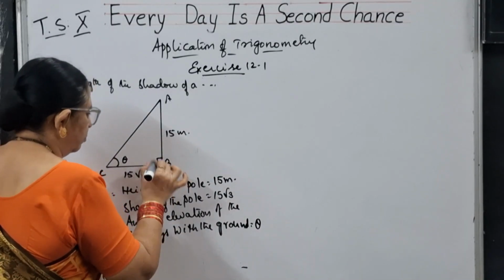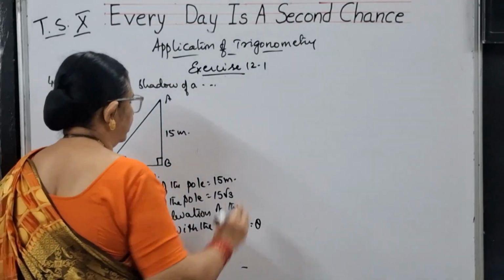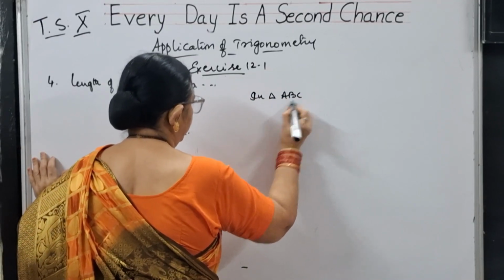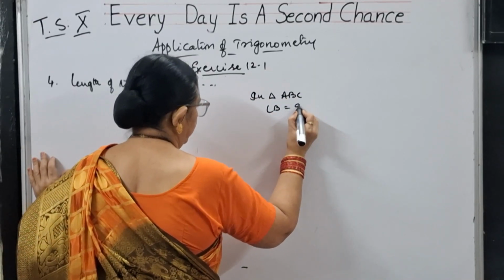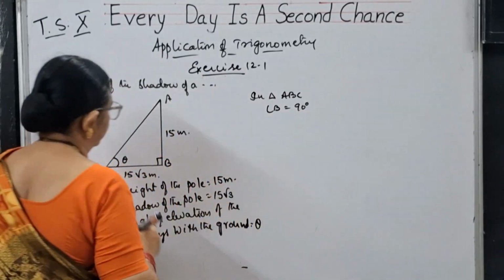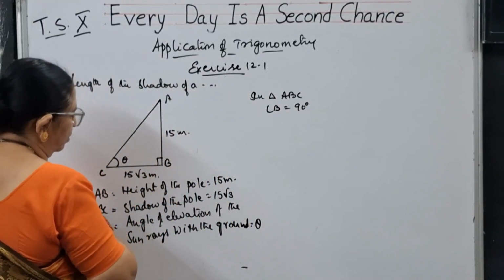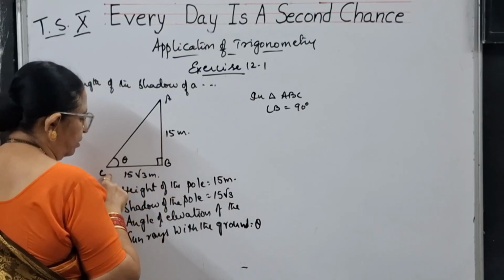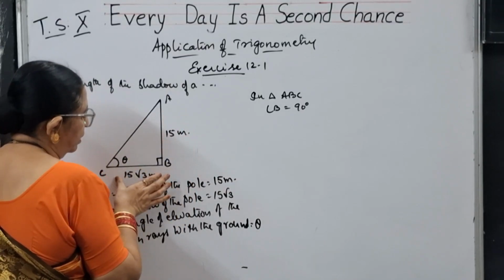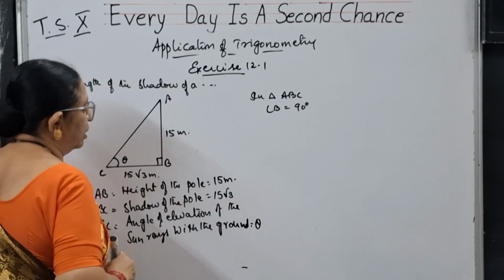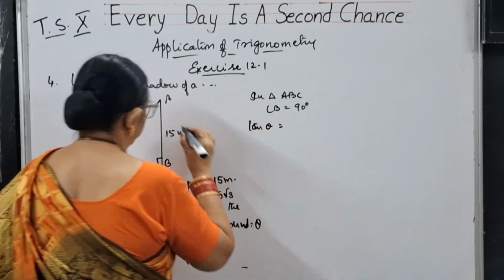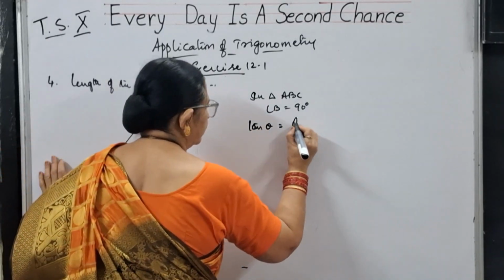Now, the pole will definitely be perpendicular. So in triangle ABC, angle B is equal to 90 degrees. Now, you see children, with respect to this theta, they have given the opposite side and the adjacent side. Opposite side and adjacent side give you tan theta. So tan theta is equal to AB by BC.